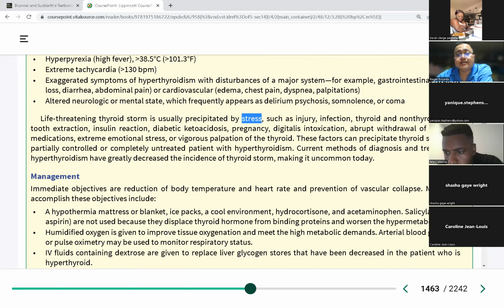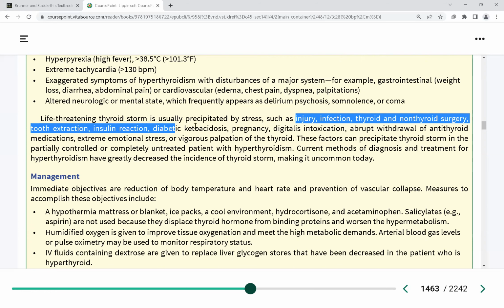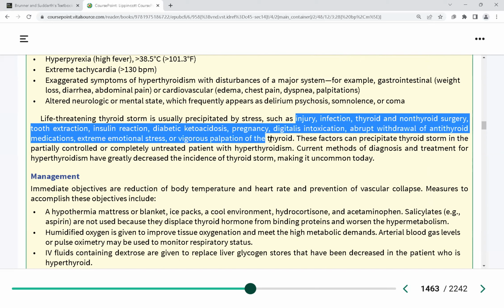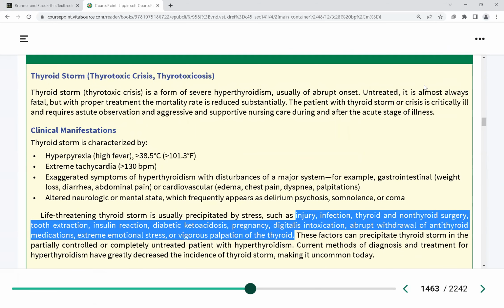School. Okay, school, exams, right? Tests, quizzes, they are stressful. Clinical is stressful. So on top of the stress, there's the injury, infection, surgery, tooth extraction. Any of these stressful conditions can trigger a thyroid storm.